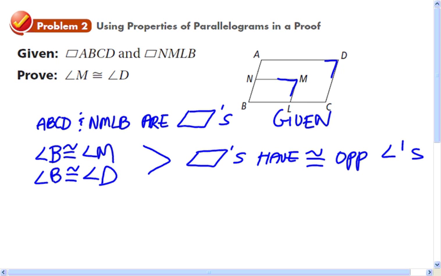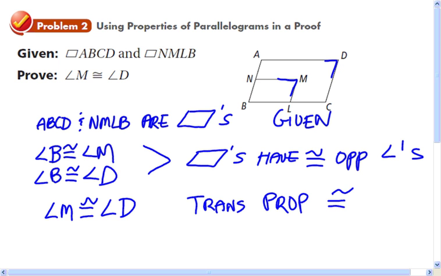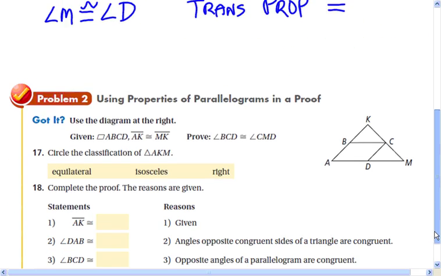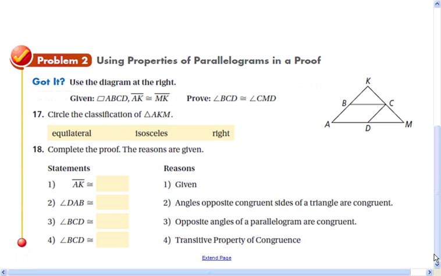And then using the transitive property of congruence, we can say that angle M is congruent to angle E. All right, go ahead, you try it. Try this group and check back for the answers.